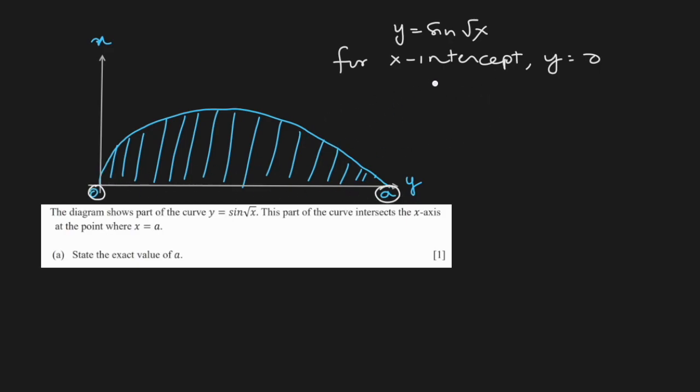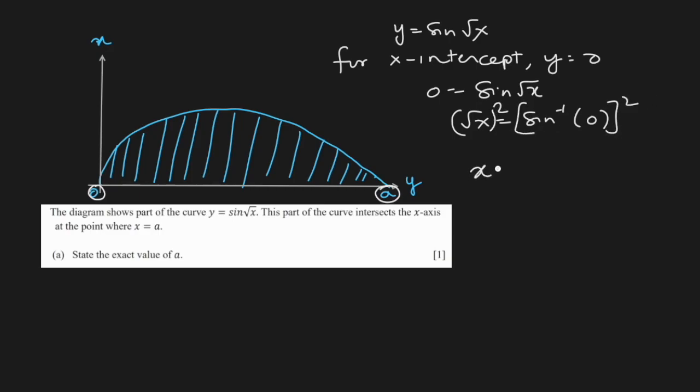So we'll put y equal to 0. 0 equal to sine square root x. And we will find square root x is equal to sine inverse 0. And if we want to get rid of the square root, square both sides. So x is equal to sine inverse 0 square.